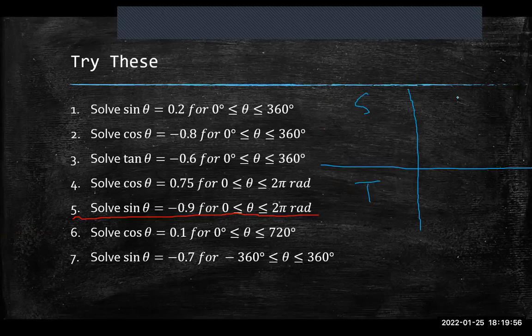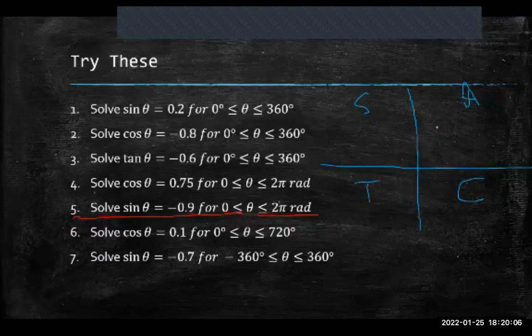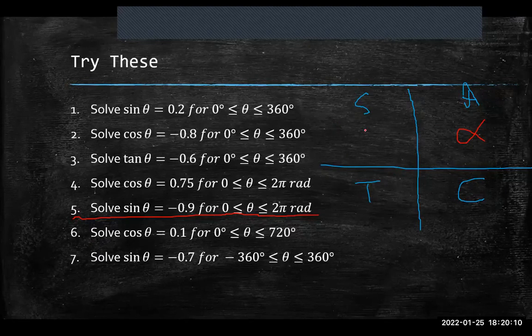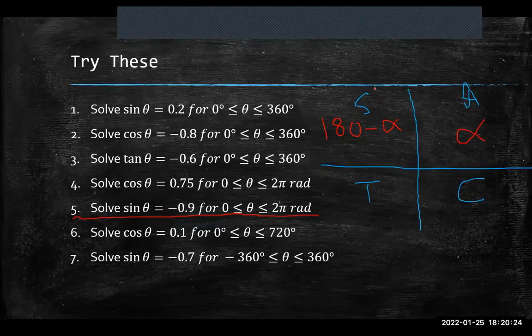So my quadrant stack. To find the angle in the first quadrant, it's just alpha. The angle in the second quadrant, if your range is in degrees, you say 180 minus alpha. That is how you get the angle. Instead of drawing that yellow arrow that I was drawing, this is a simple thing you could do.